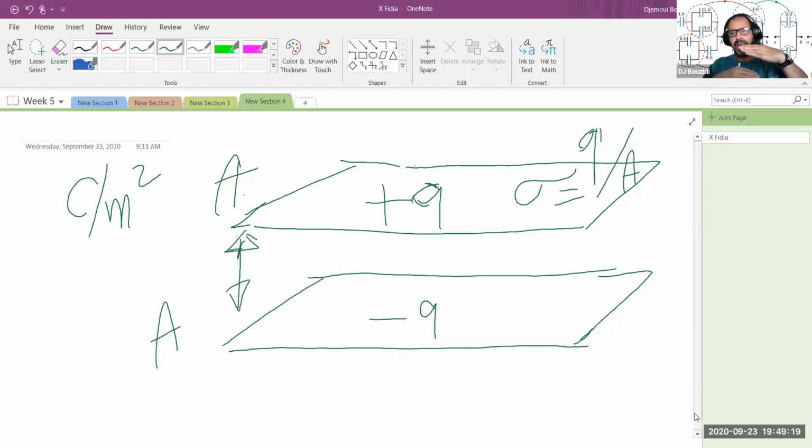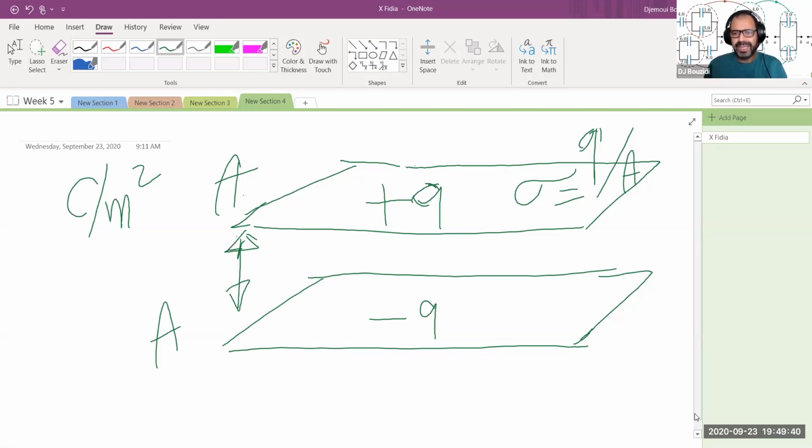The same thing happens below the negative plate, because the electric field from the negative charge distribution, namely negative sigma over 2 epsilon naught, is pulling toward the plate, whereas the positive plate, albeit further away, is still pushing with the same intensity, therefore they cancel.